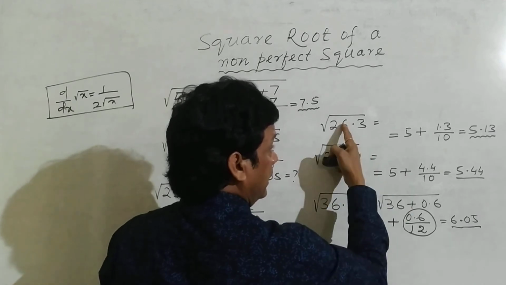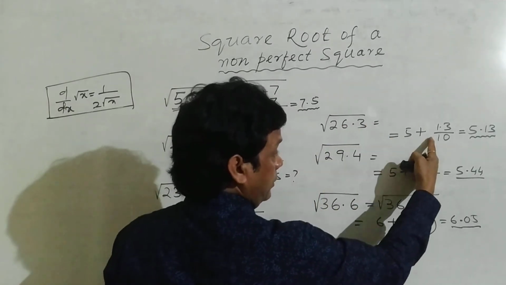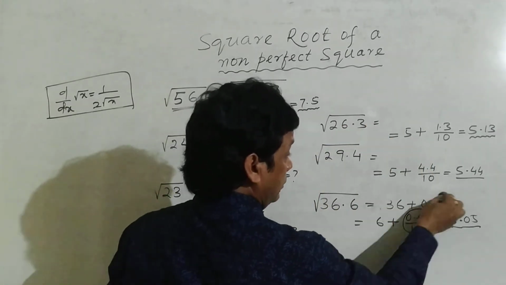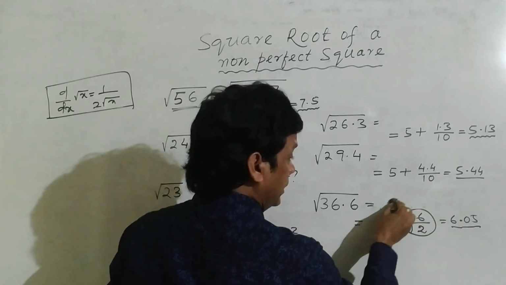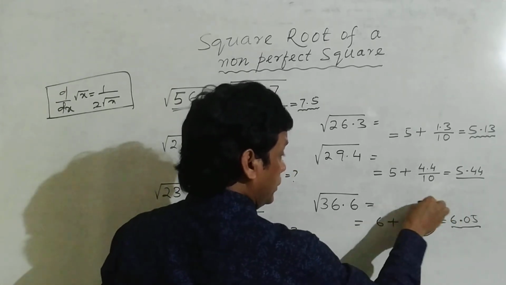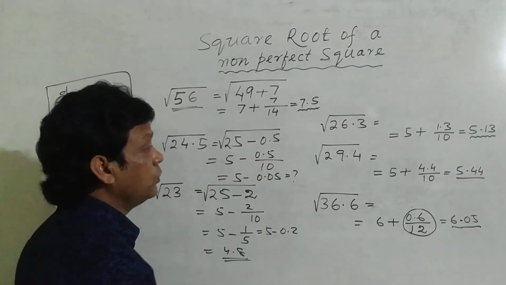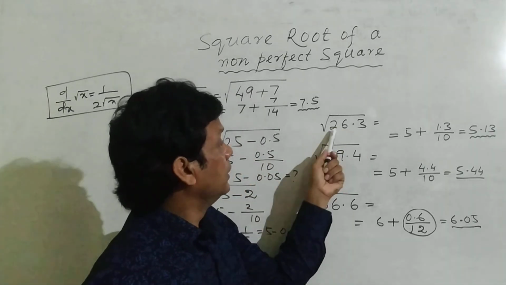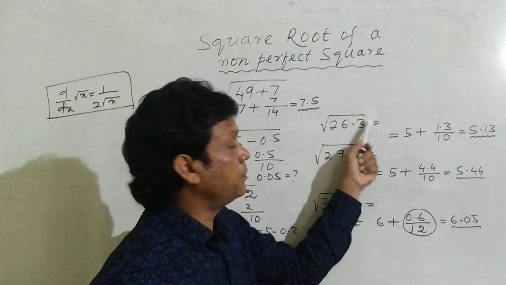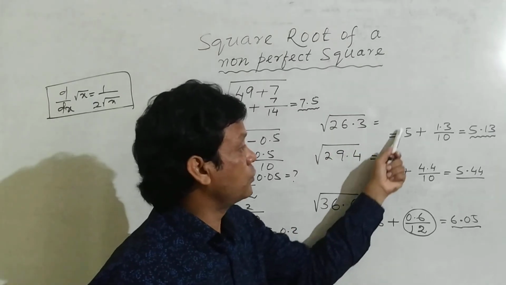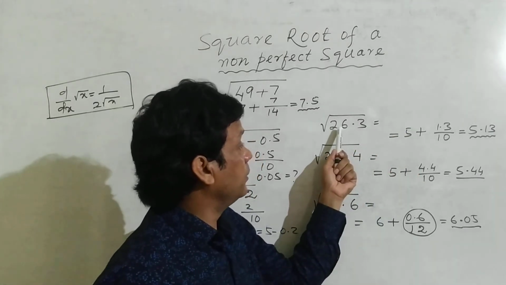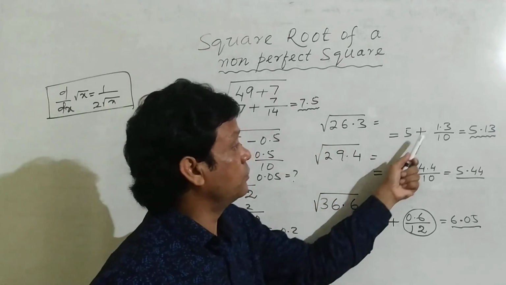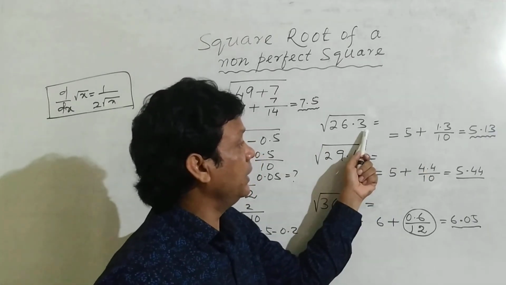This one equals this one, and directly write this step. Only to understand this one, I am writing. But you should write directly. 26.3 means a perfect square nearer to 26.3 is 25. So square root of 25 is 5. And this number is greater than 25, so you should write plus here. And how much greater? It is 1.3.